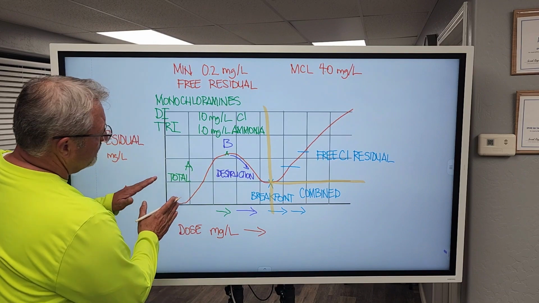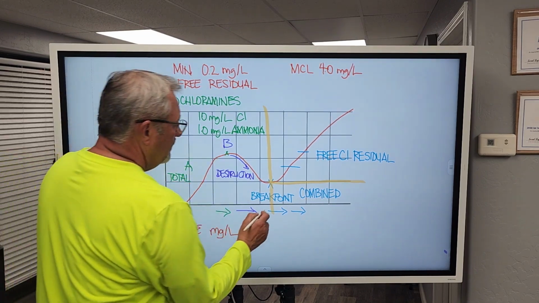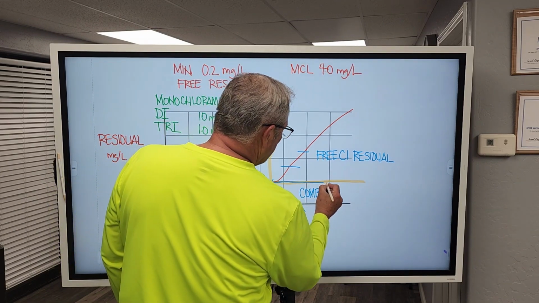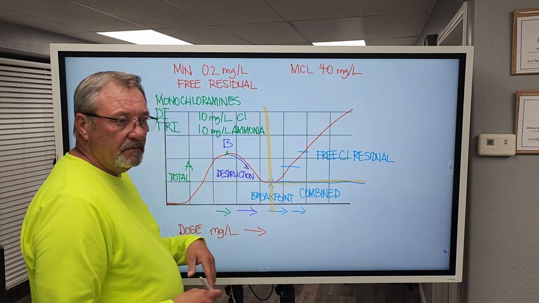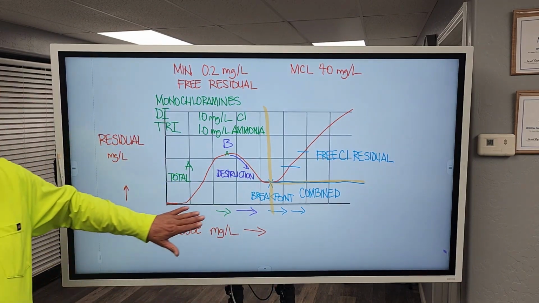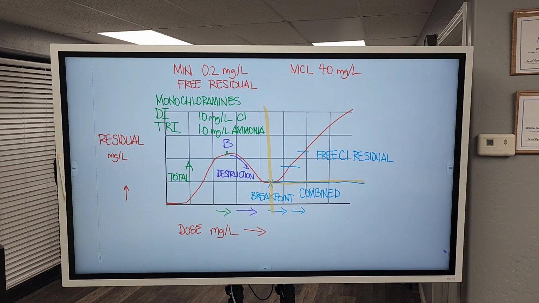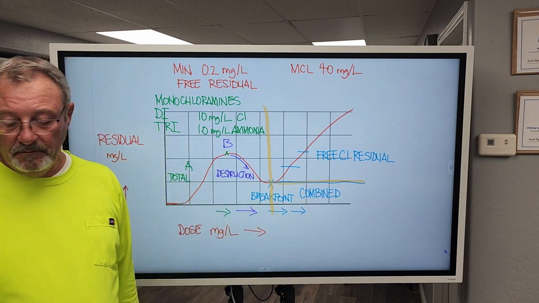So this combined residual with chloramines that was formed over here, it's going to continue right through here. It's going to stay where that break point is. As long as the quality of the raw water that you're disinfecting stays the same, your combined residual is going to stay the same.